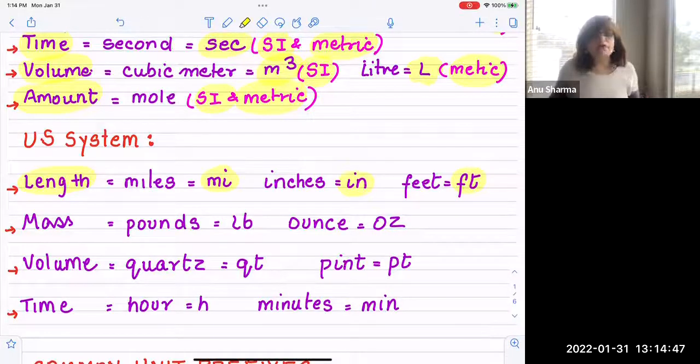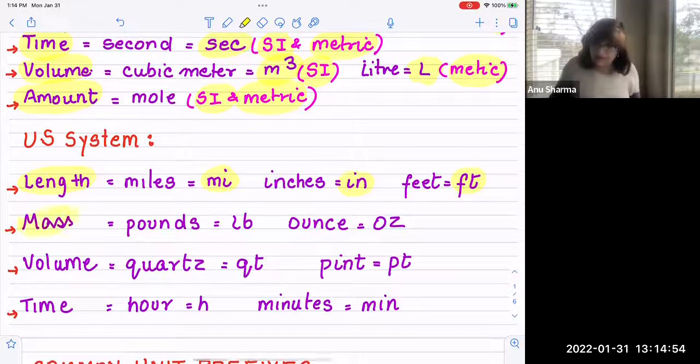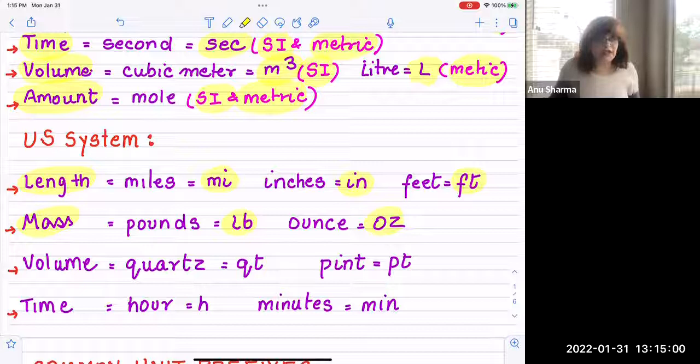The short form for miles is MI, inches is IN, and feet is FT. For mass, we use pounds and ounces. For pounds, we use LB as a symbol, and for ounce, we use OZ.